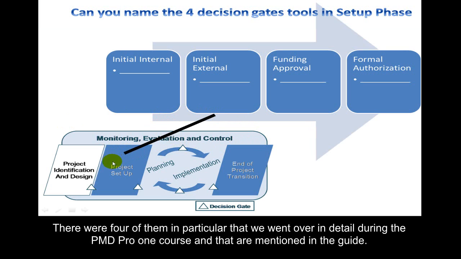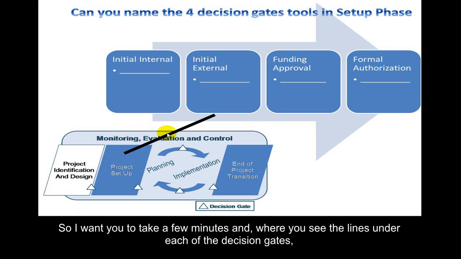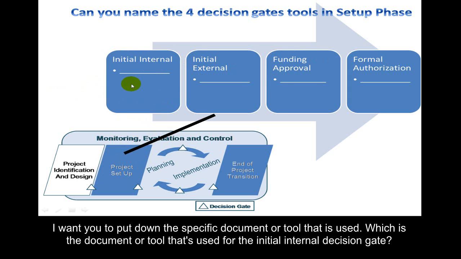Now, I'd like you to think about some of the decision gates that we talked about. There were 4 of them in particular that we went over in detail during the PMD Pro1 course and that are mentioned in the guide. So I want you to take a few minutes, and where you see the lines under each of the decision gates, I want you to put down the specific document or tool that is used.